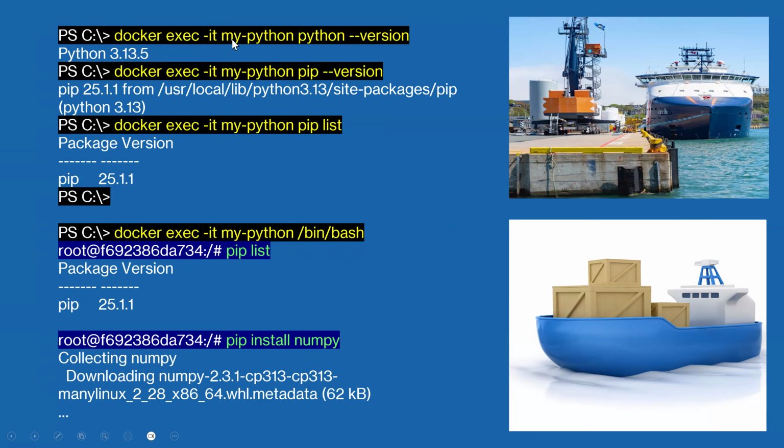The container name is my-python. And the container that is loaded, the version of Python is 3.13.5. At this time, if I say, go ahead, give me the pip version, I could run the same exec. Exec is saying execute this command. This is the command, and --version is the argument.